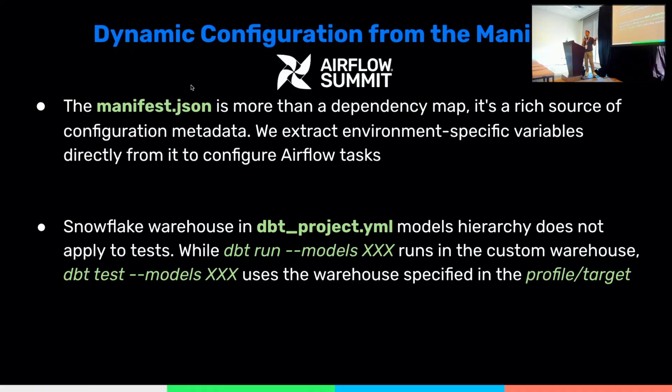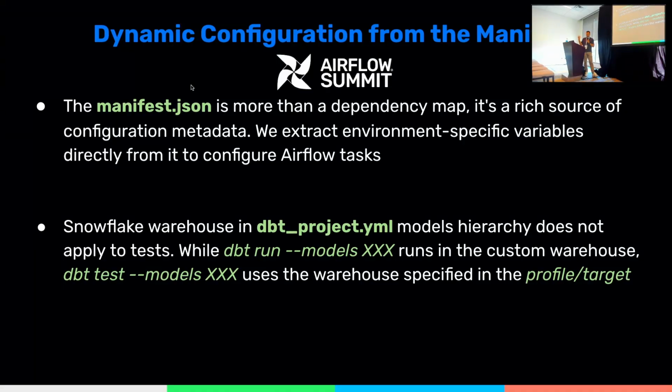You probably also want to use an X-large warehouse, because it makes sense, right? You have a big table that needs a big warehouse to run, and you also want an X-large warehouse to test it because it's going to go through a lot of different rows. The DBT project YAML is really good for making the structure easy, but DBT doesn't care about, in this case, the Snowflake warehouse.